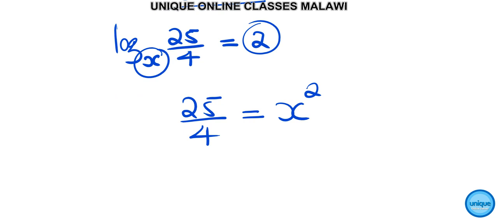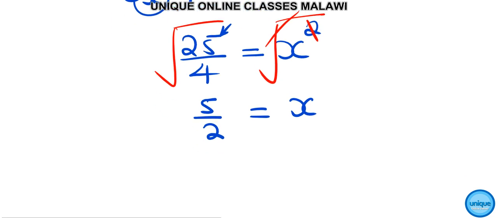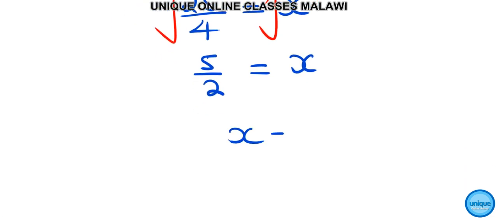So the square root and the square cancel, remaining with x on the right hand side, and the square root of 25 is 5, square root of 4 is 2, which means we have found the value of x, which is x is equal to 5 over 2, or 2.5. That's the answer which is needed here.